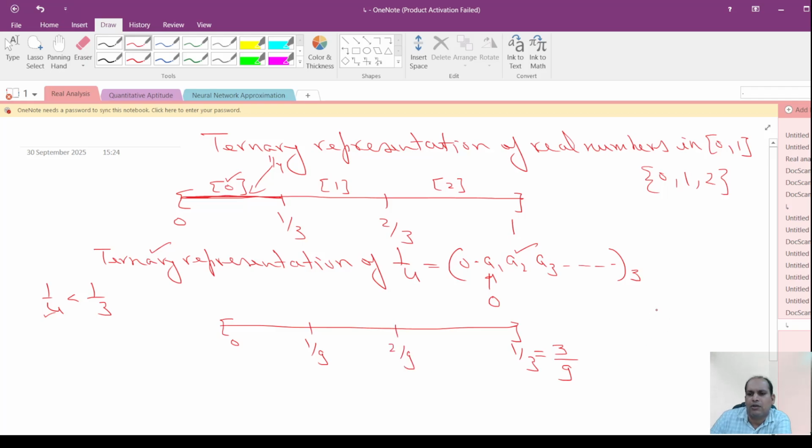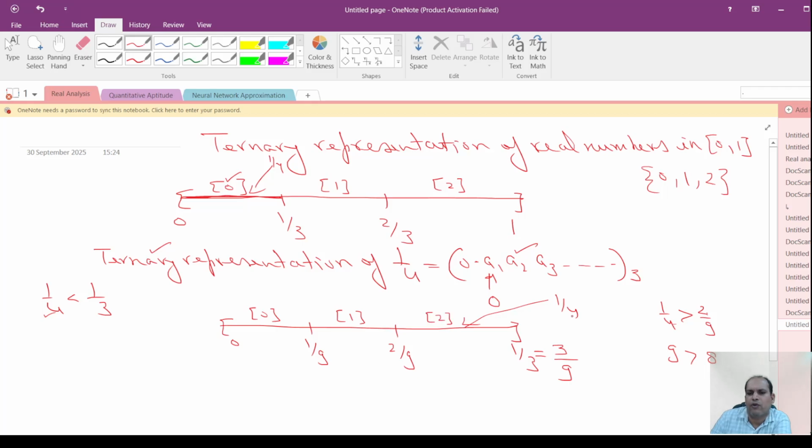Now, comparing 1/4 and 2/9, if we cross multiply, we have 9 here and 4 twos are 8 here. So 9 is greater than 8, which means this fraction is greater than 2/9. So 1/4 will lie in this part. Denote these intervals by 0, 1, and this one by 2.